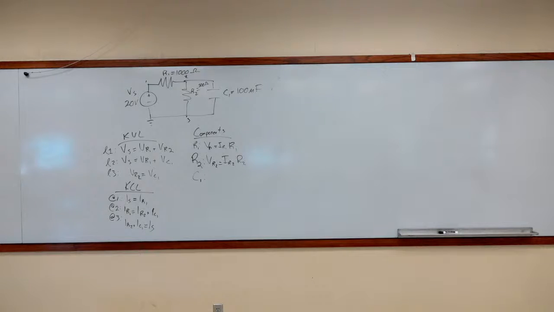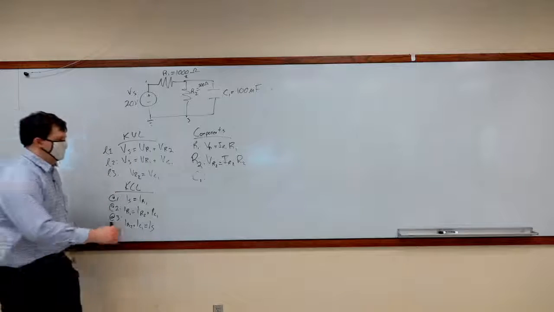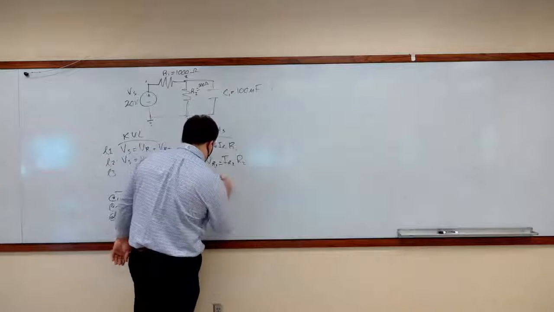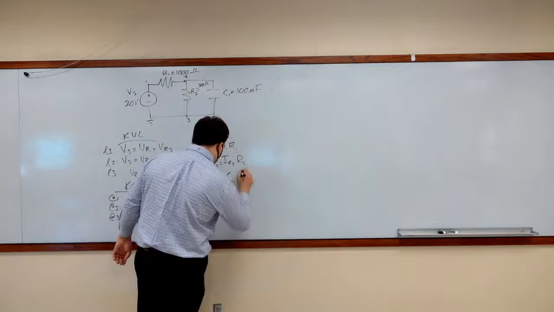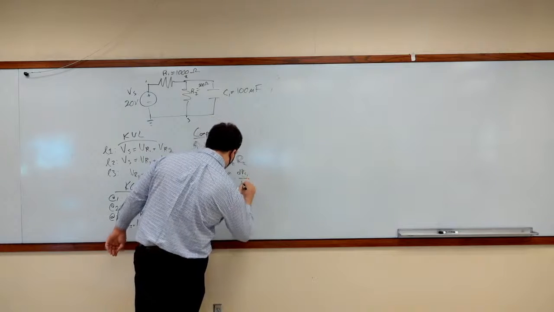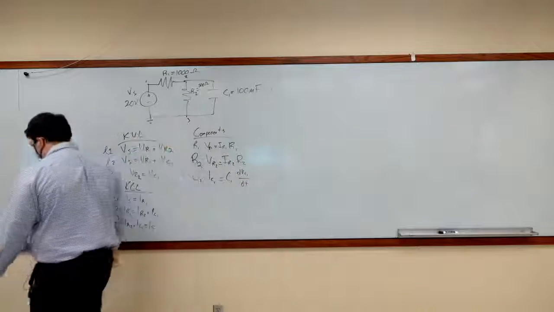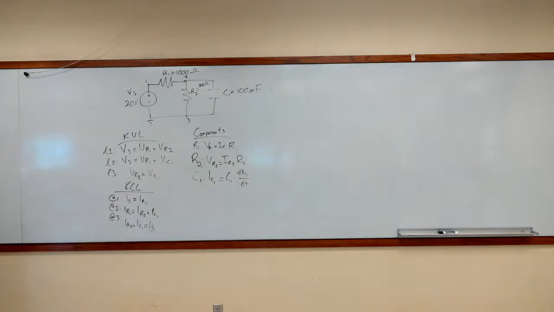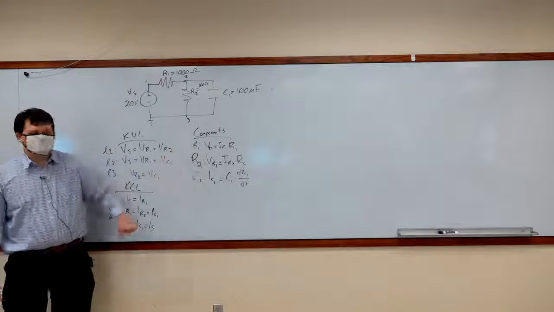Yep. The current going through C1 is equal to C1 times dVC1/dt. That's the relationship between current and voltage in a capacitor. So we now have equation set 1, equation set 2, equation set 3.